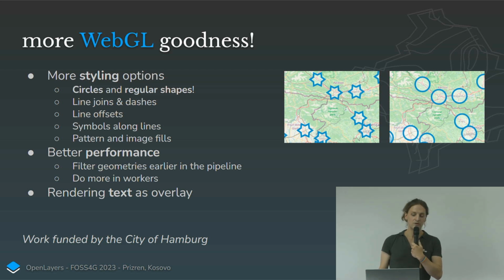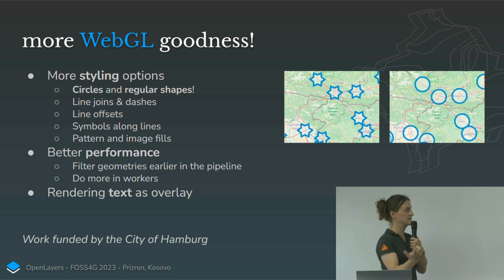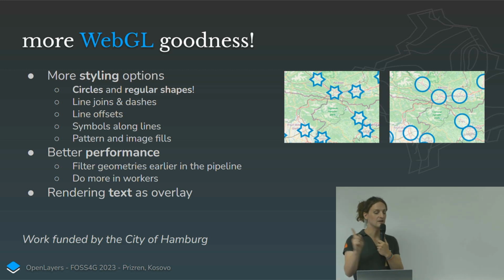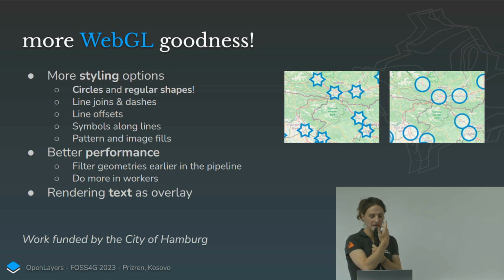What we're currently working on is having more symbols. You can see here there are circles, but there are also regular shapes, stars, and things like that, with outlines, which was not possible before. We're going to do line joins, dashes, offsets, symbols along lines, pattern and image fields. This is all needed to be able to render a Mapbox style correctly.